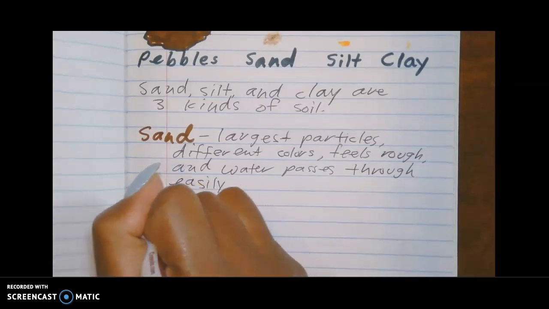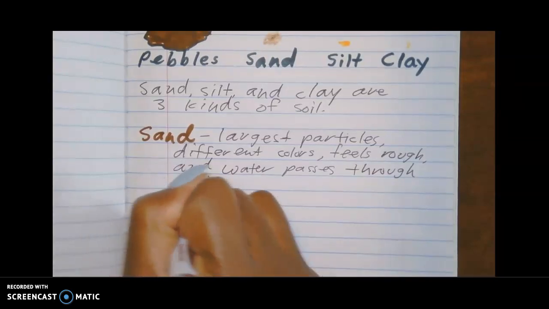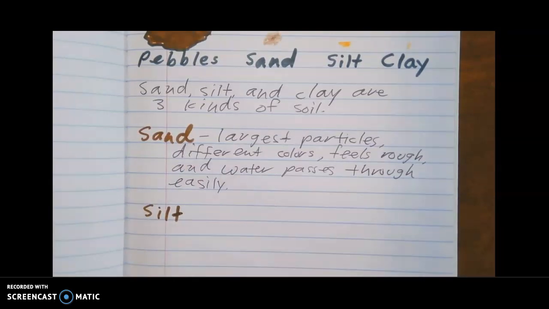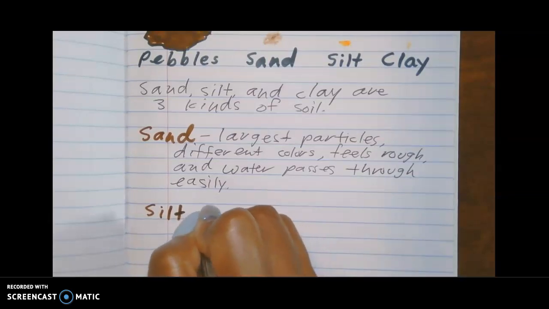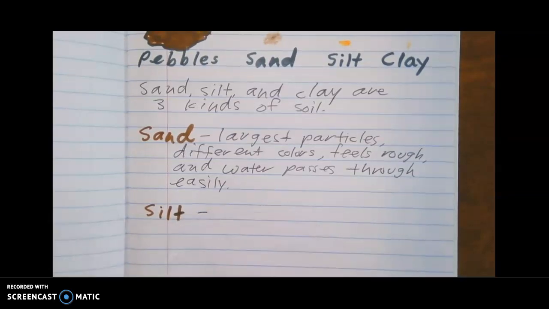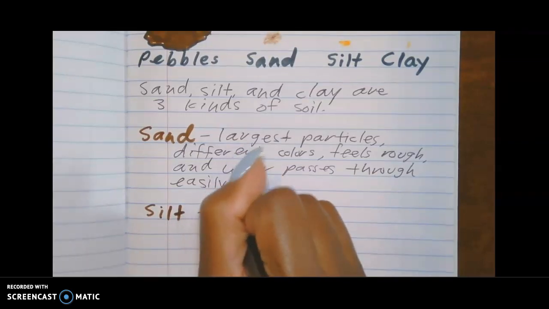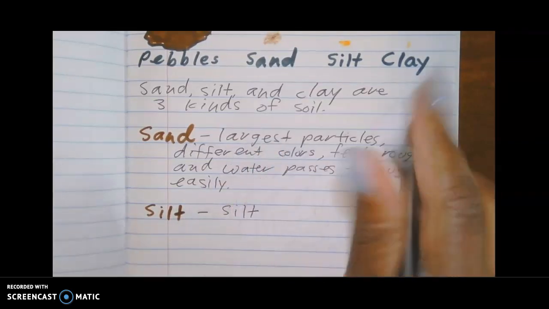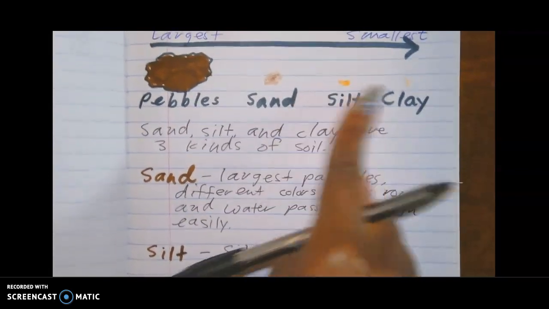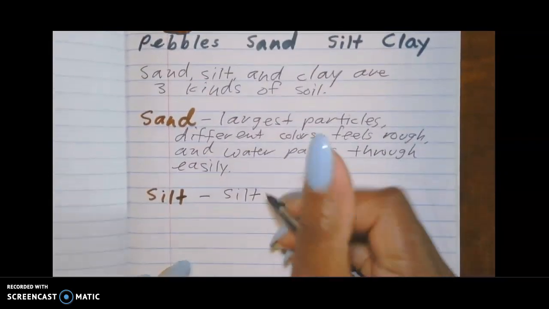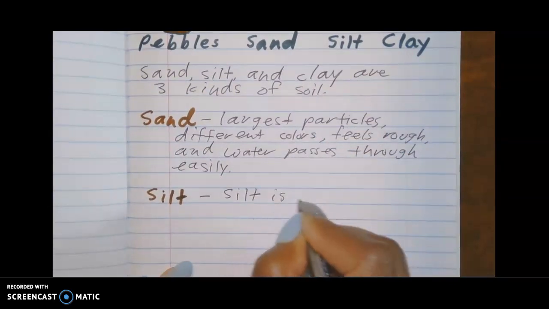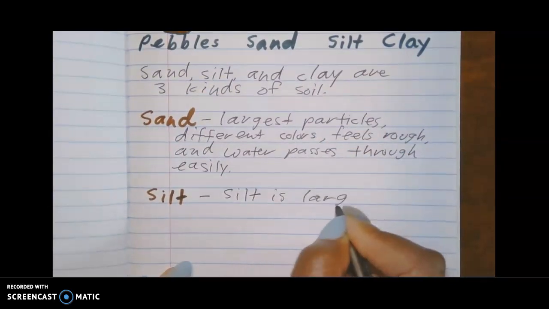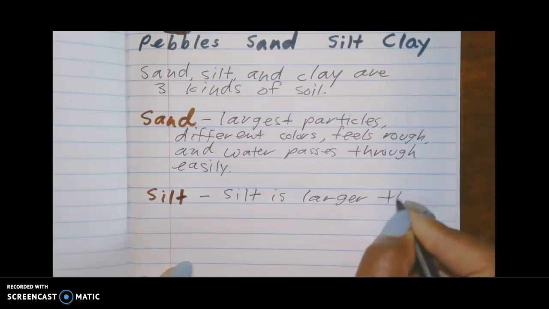Okay, next. Silt. S-I-L-T. Silt. Now, silt is larger than clay, as we see on our diagram up here. It's larger than clay.